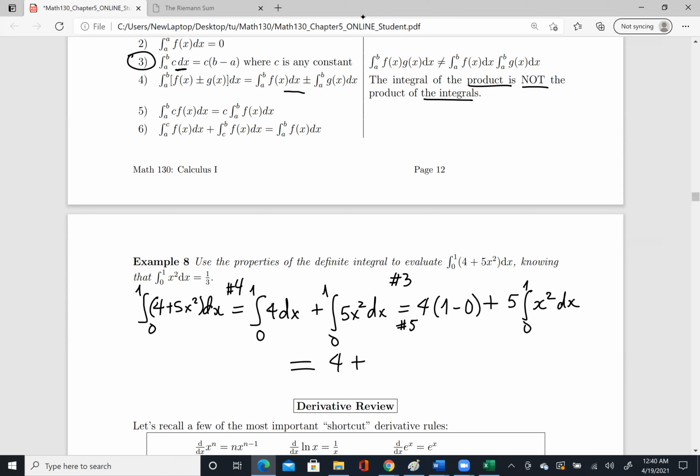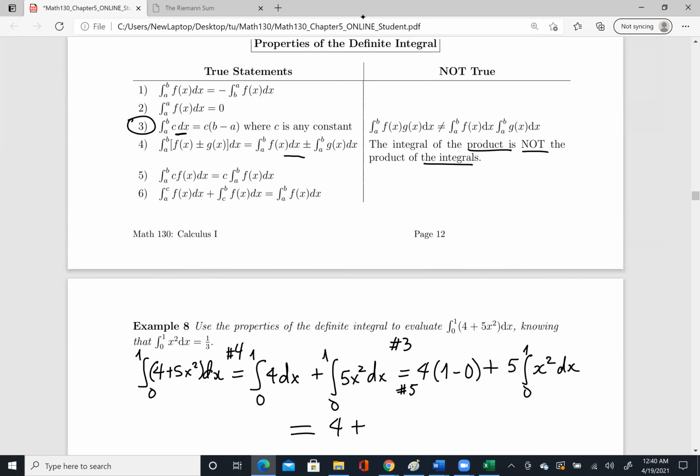Can I convert it? The given tells me that the integral from 0 to 1 of x squared dx will be 1/3, right?